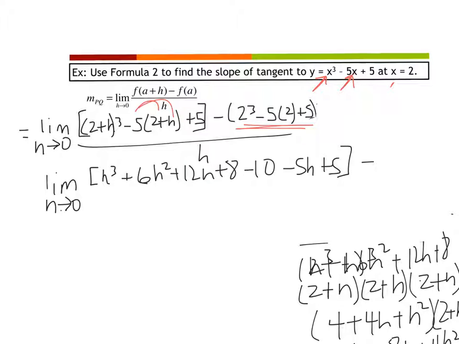So that's 8 minus 10, because 2 cubed is 8, minus 5 times 2 is 10, so 8 minus 10 is negative 2, plus 5 is 3, so it's minus 3.